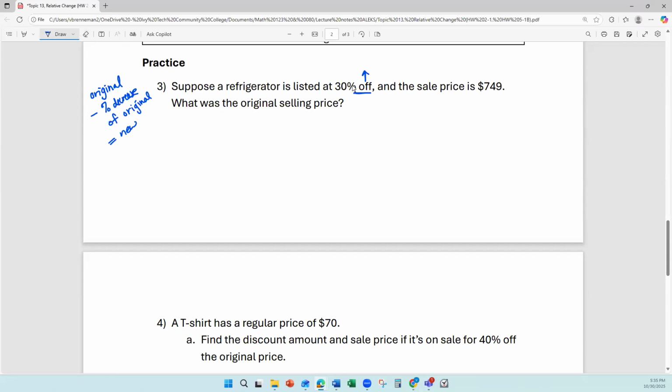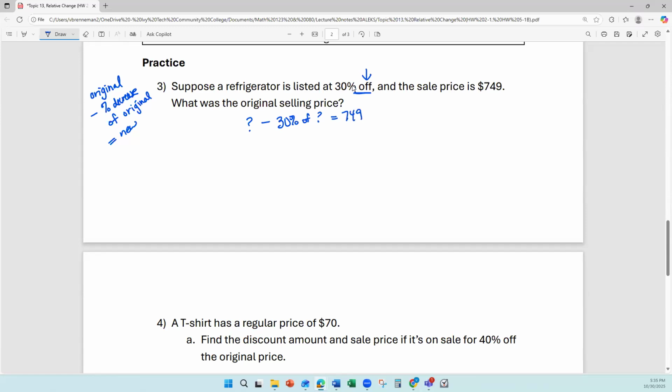I'm sorry, I drew an arrow up. I meant to draw an arrow down. This is a decrease. We're looking for the original price. So if I say it's this unknown value minus 30% of that unknown value to get the 749, that gets a bit messy.